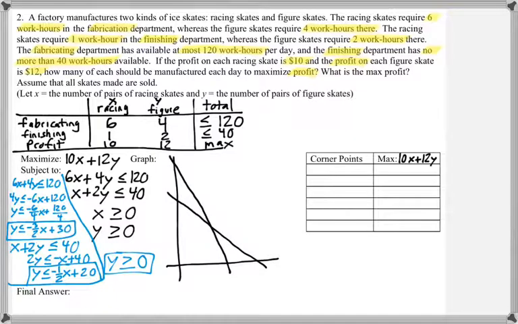So it looks something like that. And my feasible region was right here. So now I just need to find my intersection points, or my corner points.